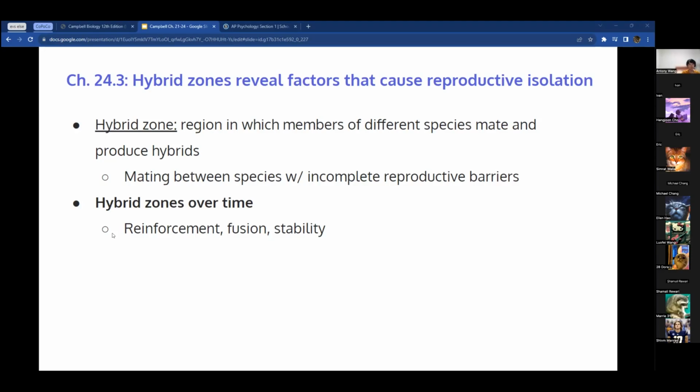And stability, sometimes maybe the reinforcement doesn't happen, so the two species don't drift further apart. The two species don't fuse into one. Rather, they maintain the same amount of difference, and the hybrid zone just stays there. It stabilizes.